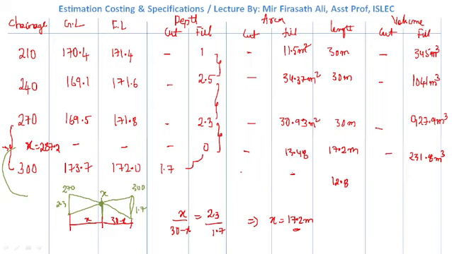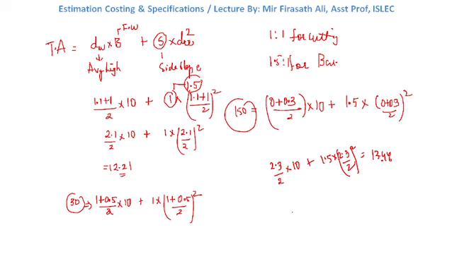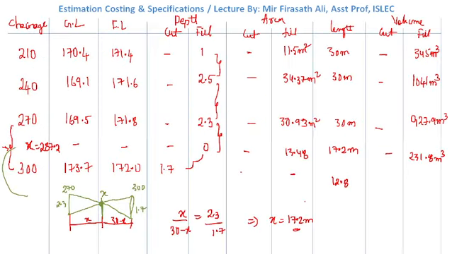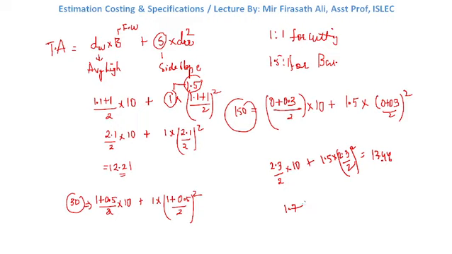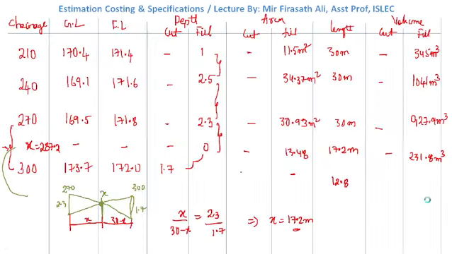If we substitute it into the area formula, 0 plus 1.7 by 2 into 10 plus, here again for cutting, S is 1 into 1.7 by 2 whole square. The approximate area is 9.2 meter square.